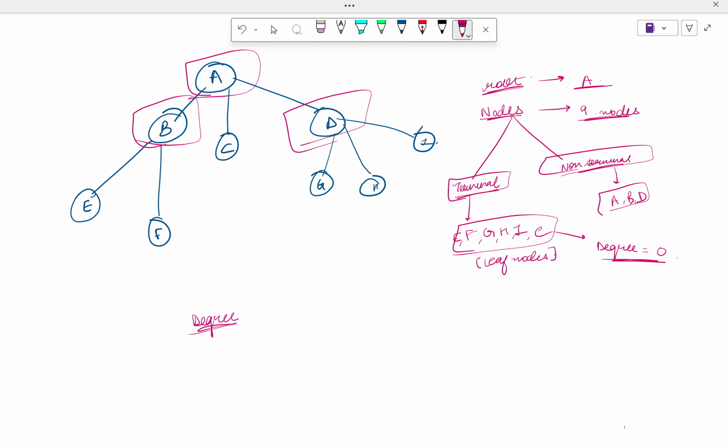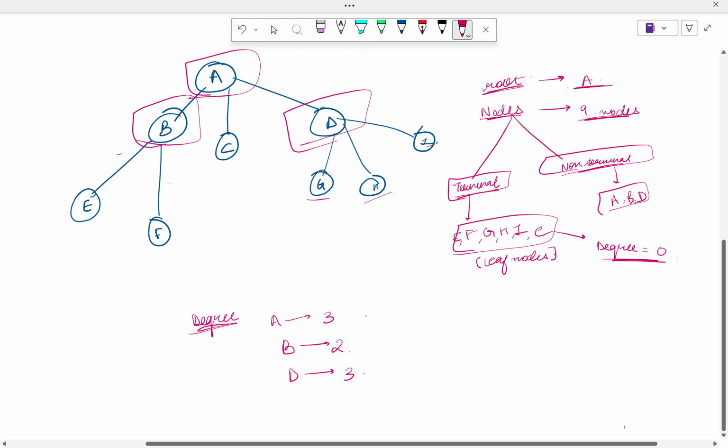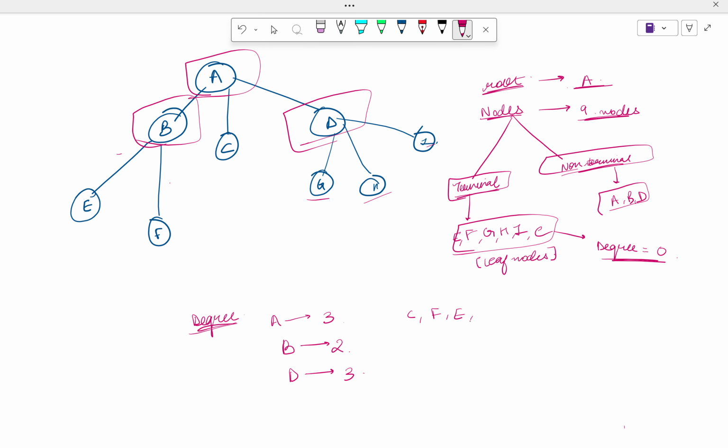For A, B, and D, the degree would be the number of children. A has a degree of 3. B has 2 children, so its degree is 2. D also has a degree of 3 because of G, H, and I. So A, B, and D have degrees of 3, 2, 3, and C, F, E, G, H, I will all have a degree of 0.